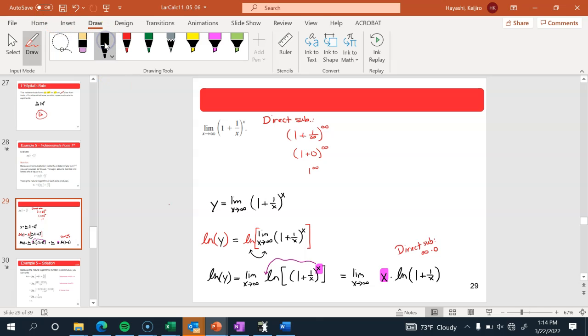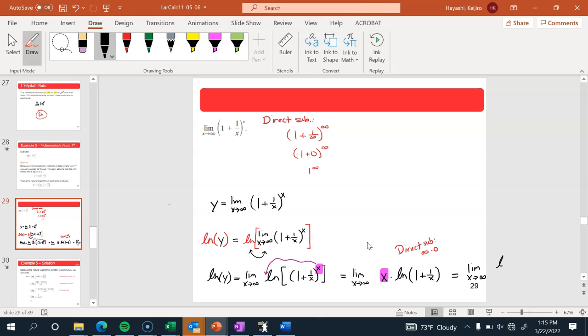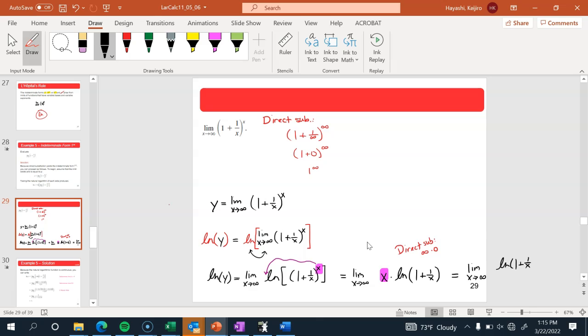The best way to do that is to say, okay, this is the limit as x goes to infinity of the natural log of 1 plus 1 over x on the top, and instead of multiplying by x, I'm going to divide by its reciprocal.